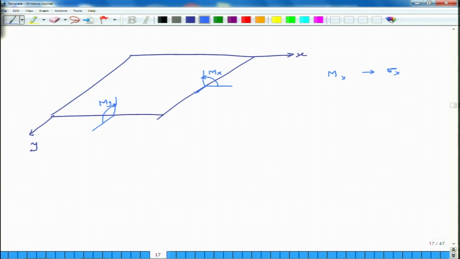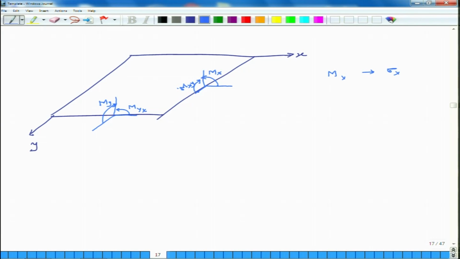If there is shear, then this is Mxy, and this is the positive direction, positive Mxy. Strictly speaking, this should be Myx, but because tau xy is the same as tau yx, Mxy is equal to Myx.